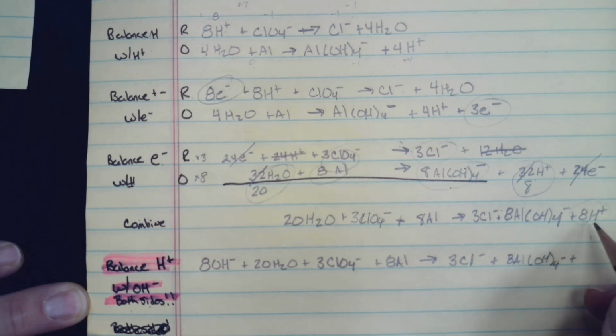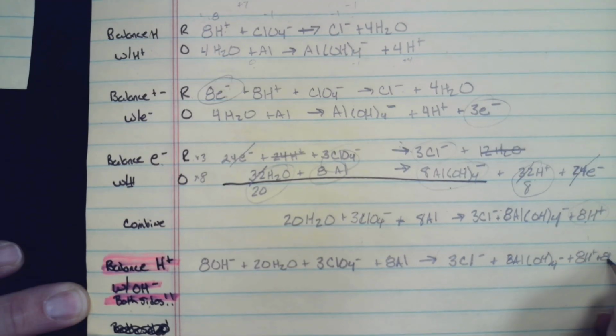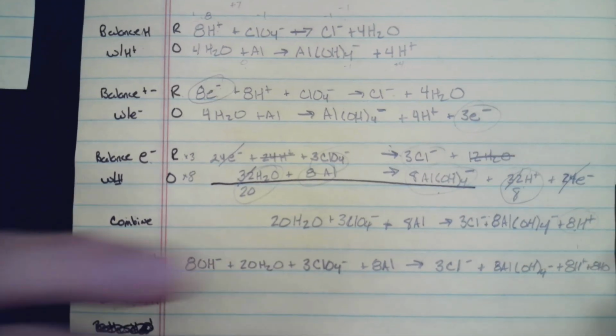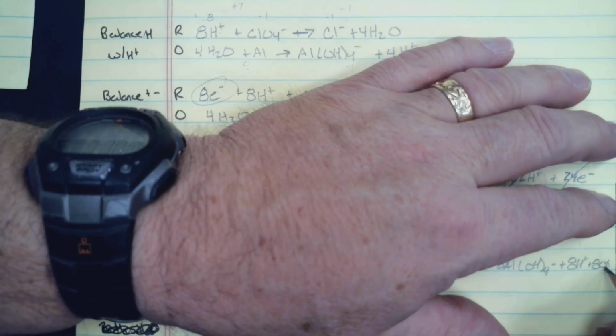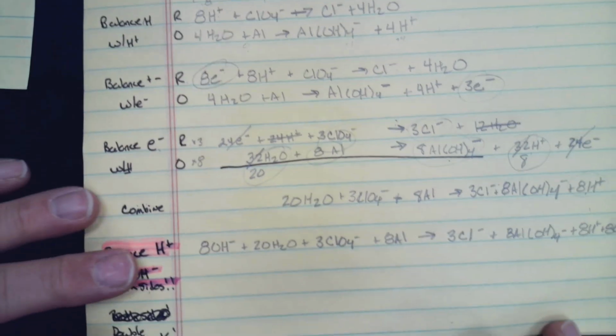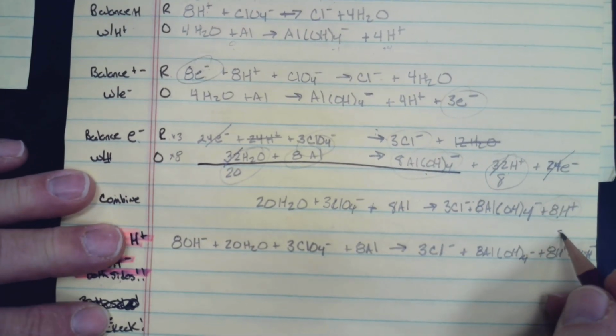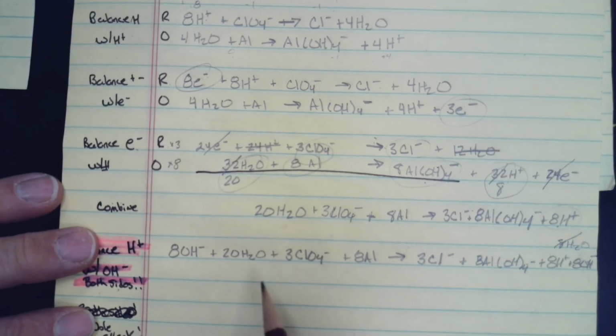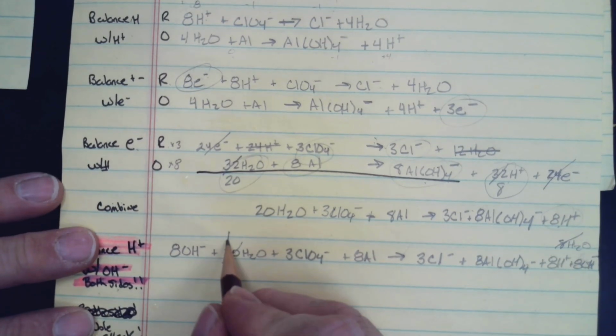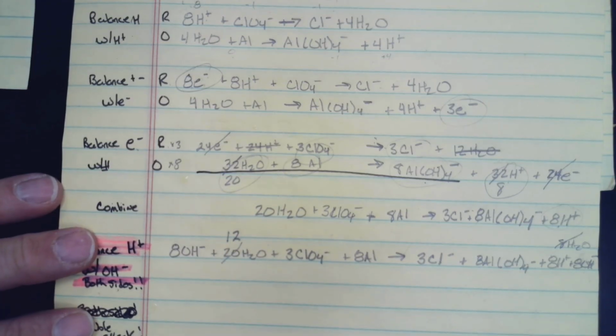But when I have my 8 hydroxides plus my 8 hydroxides, that's really 8 waters. So this is going to go to 12.